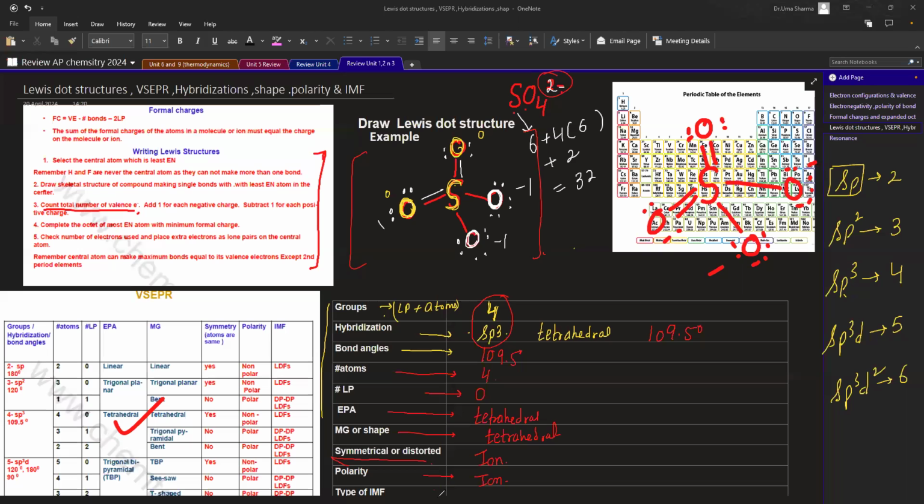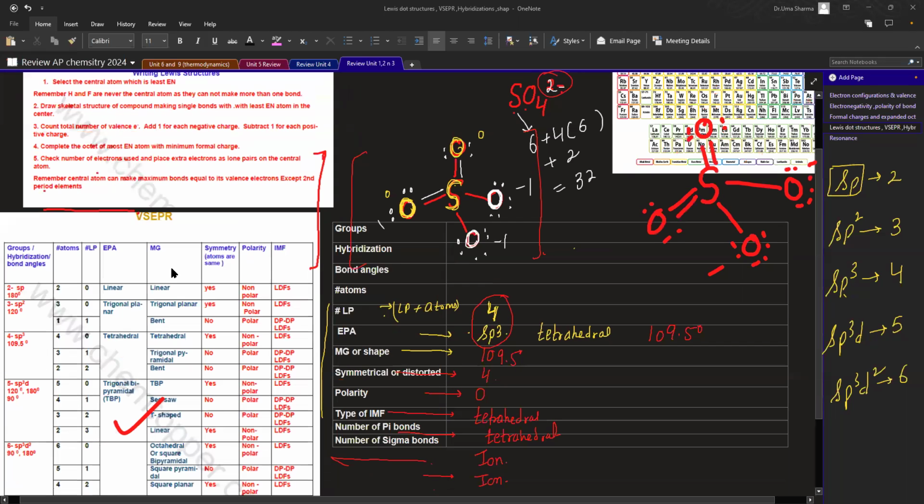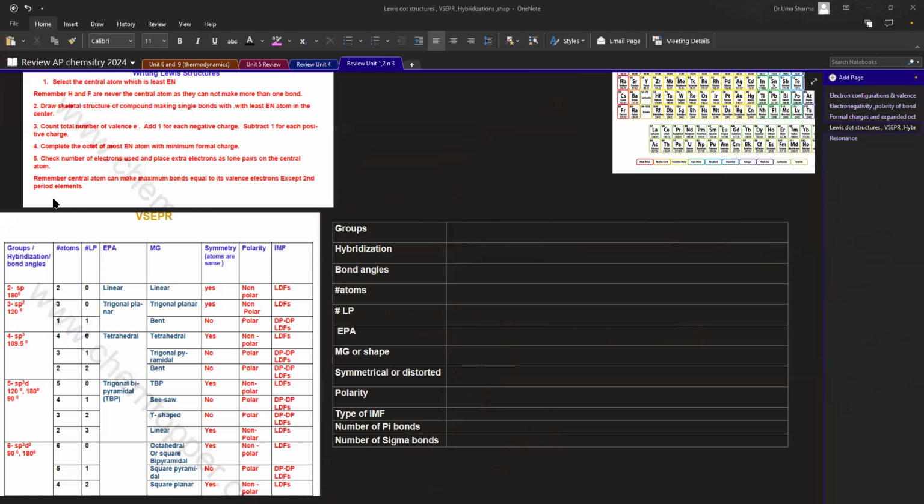What type of IMF does this molecule have? Yes, children, what type of IMF? Okay, I'm making the molecule here. Identify the IMF. Ion-ion attraction, isn't it?